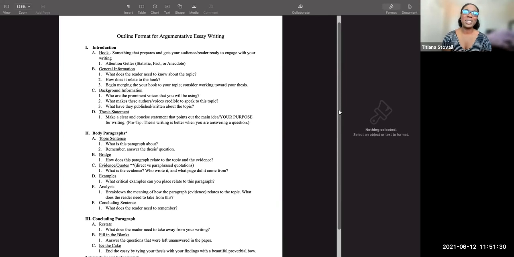Okay, so the introduction is comprised of a hook, general information, background information, and a thesis statement. With those 4 things, that makes up the introductory paragraph. Your hook is something that prepares the reader, right? It gets your audience ready to engage with your writing. So that's all it is for.